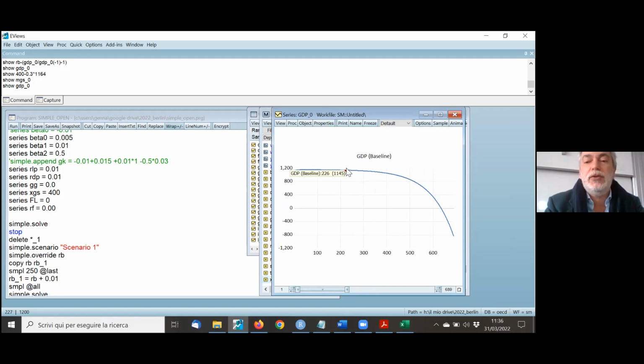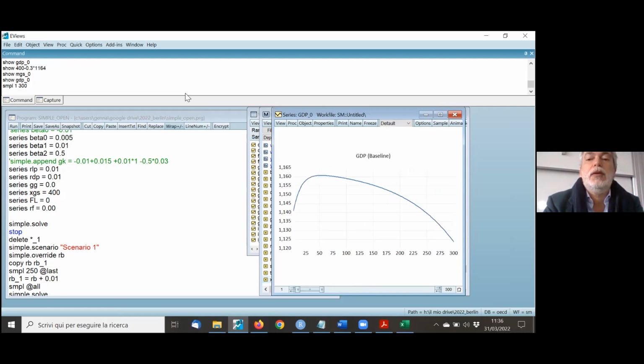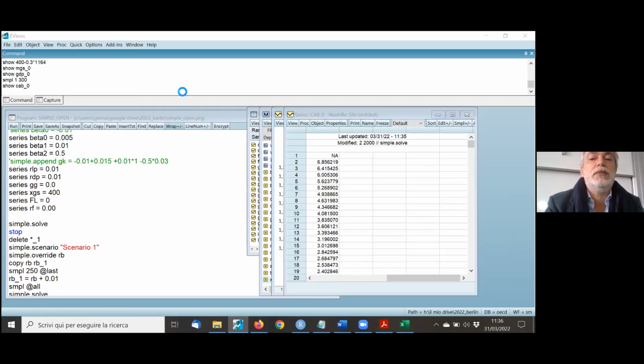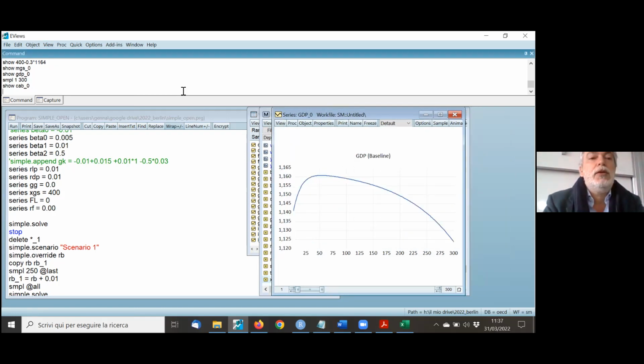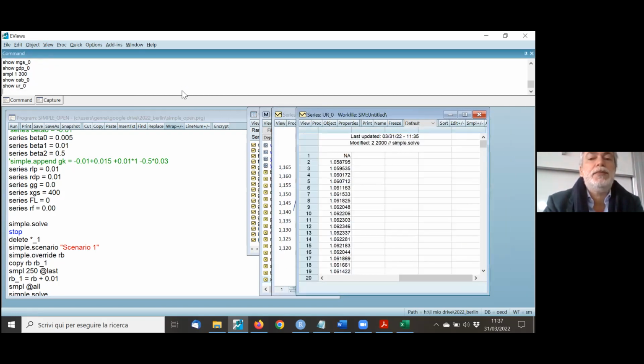But if we restrict this to the first, we can try to see what's happening in here that makes this go down. So let's look at the current account balance. So this is improving. Let's look at the utilization rate.